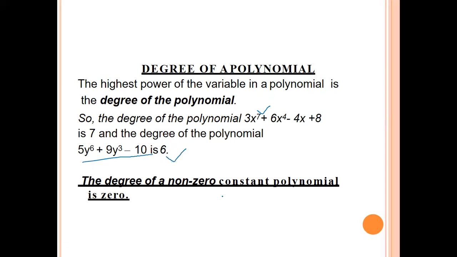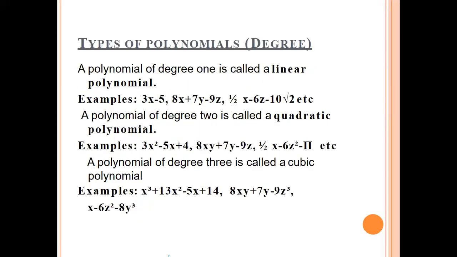The degree of a non-zero constant polynomial is 0. Types of polynomials by degree: a polynomial of degree 1 is called a linear polynomial, for example this x, whose degree here is 1.